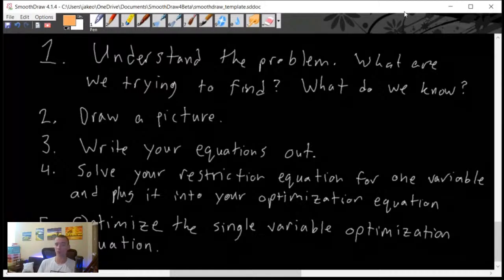And that critical number should be the point you're looking for. Not a bad idea to confirm with the first or second derivative test, just to make sure you didn't make a mistake along the way. And then you can plug that back in to your restriction equation to solve for the other variable. Really the same process, no matter what kind of word problem optimization problem you're dealing with.